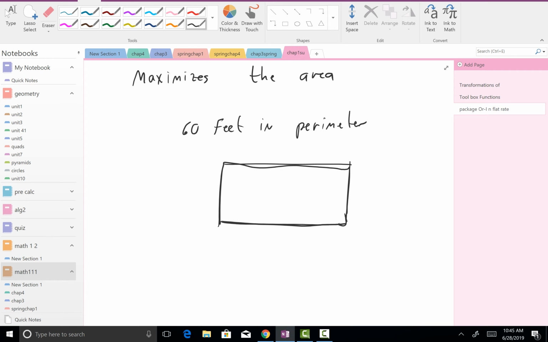All right, we want to find what dimensions are going to give me the most area. And a lot of times in mathematics, this is a good example, because when you're applying it in certain situations, you're always looking to find something that is the most efficient, right, or is going to cost the least but provide the most.